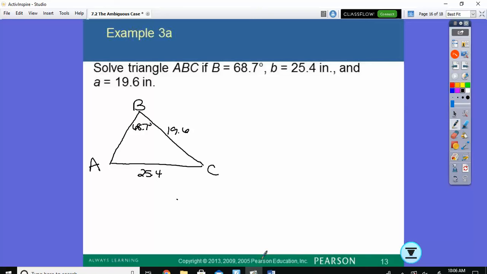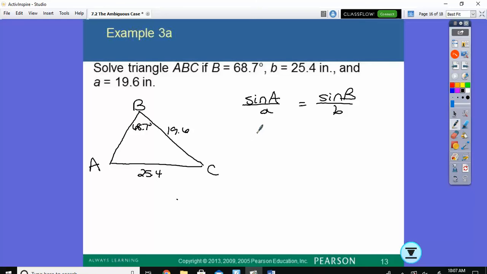Since I'm going to find an angle first, I'll put my angles on top. We have to use B because that's the only one we have the information for. I also have the side for A. So I'm going to do sine of A over A equals sine of B over B. Everybody with me?